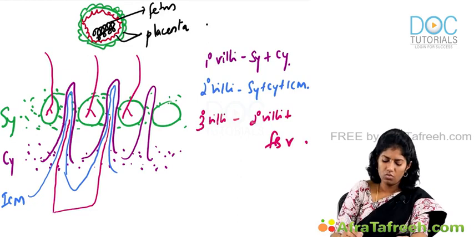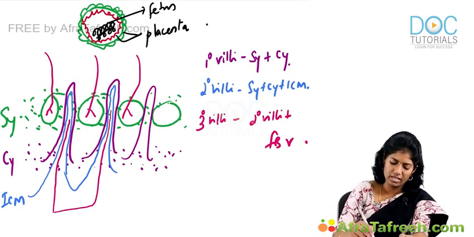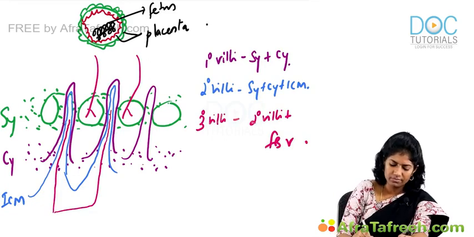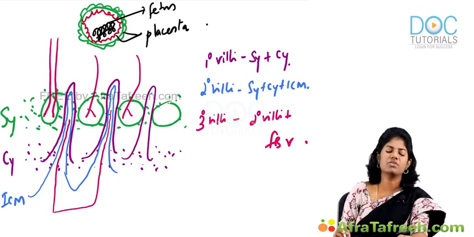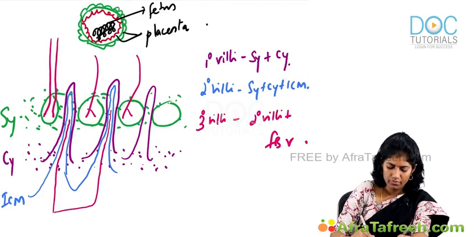Now, what we need to know is, here we have spiral arteries, and the spiral artery is lined by a single layer of endothelium. Say this is your spiral artery, lined by a single layer of endothelium.